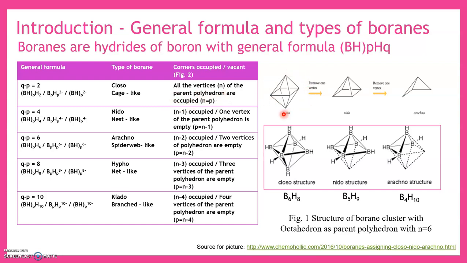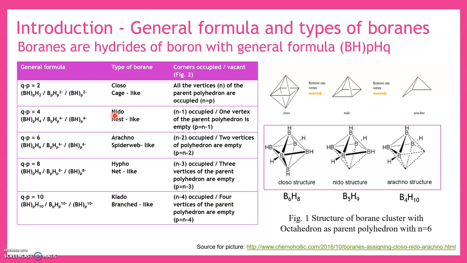So here I have given an example where the number of corners is equal to 6, or we are referring to an octahedron. Since all the corners are occupied, we call this closo, because the geometry is like a cage. There is no open-ended structure. This is a closed structure. That is why it is called closo, or cage-like structure.